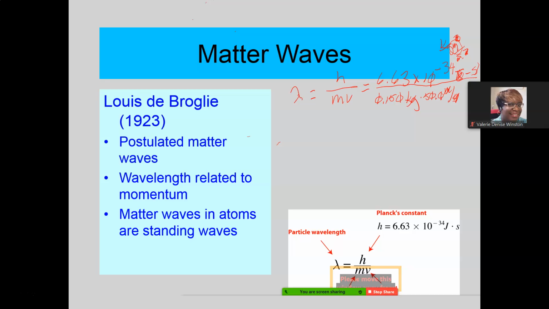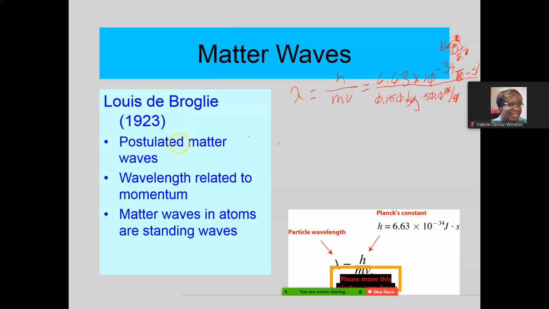So that's your Planck's constant. Divide that by, first we're going to divide by 0.15, because you don't need that extra 0, 0.15, and then divide again by 50. And you get an incredibly small number.